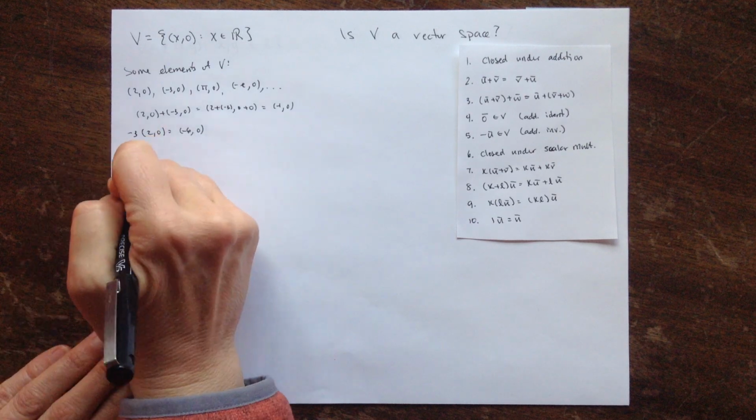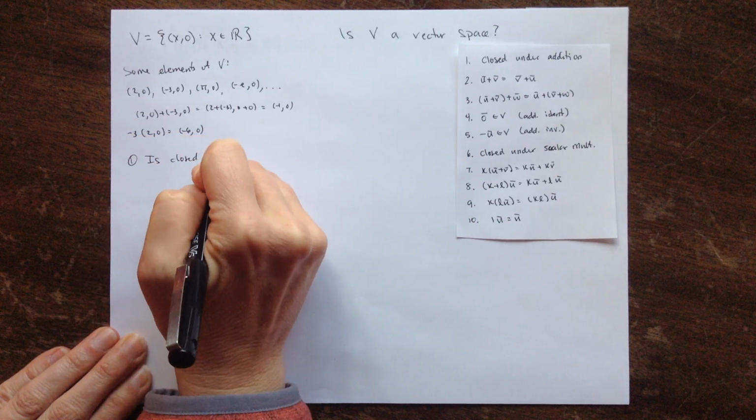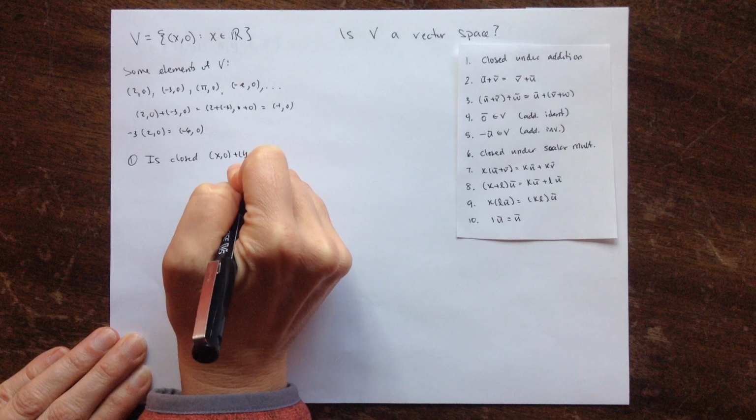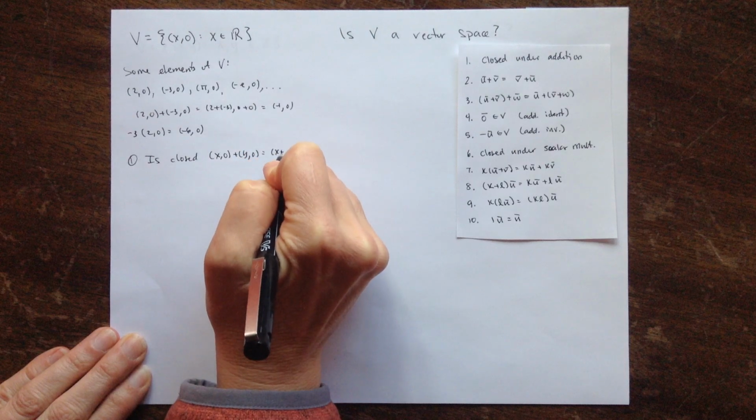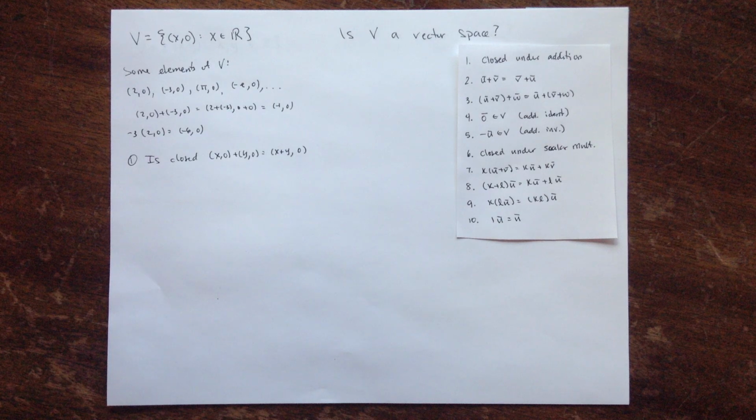And the answer is, it is closed, because if you take, say, x, 0 plus y, 0, you add those two things together, you get a real number plus a real number is a real number, and then 0 plus 0 is 0. So you're always going to get a real number for your first element and a 0 for your second element. So it is closed under addition.